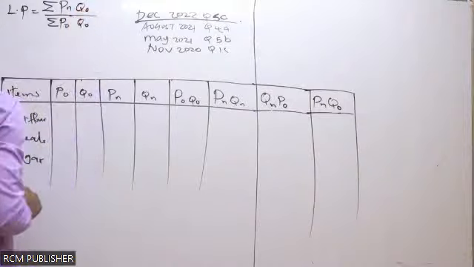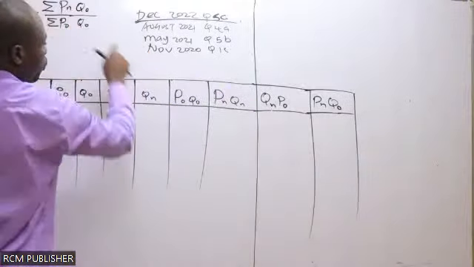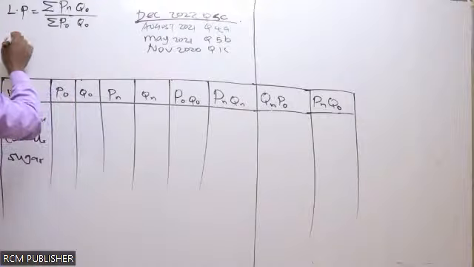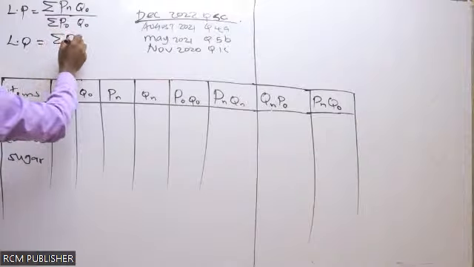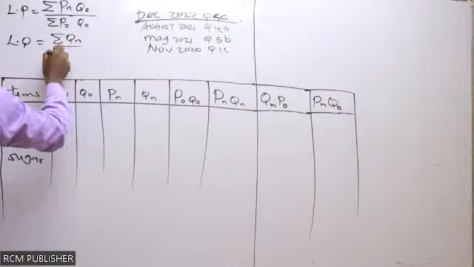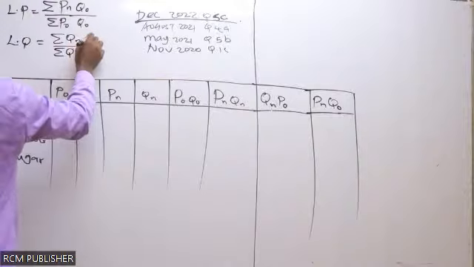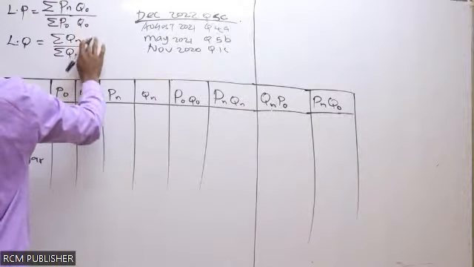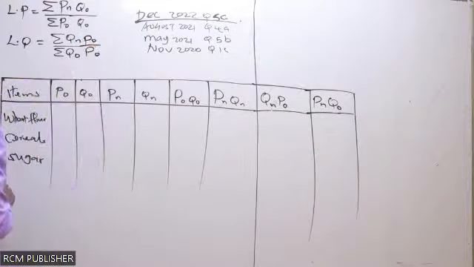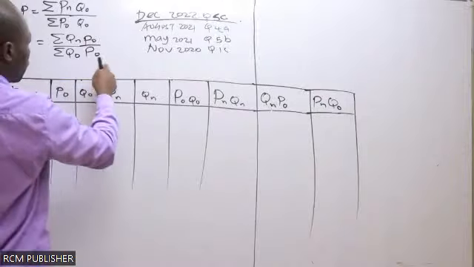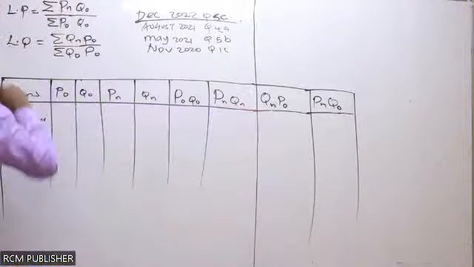That tells us that we need PN QO, we need PO QO. For the quantity index, we need summation of quantity of the current period or period of interest divided by summation of quantity of the previous period, we multiply by weight. So that weight is going to be our PO, which is of the base year or the previous period. So QO PO is going to be used again. QN PO, we now have it there. That is Laspeyres formula.